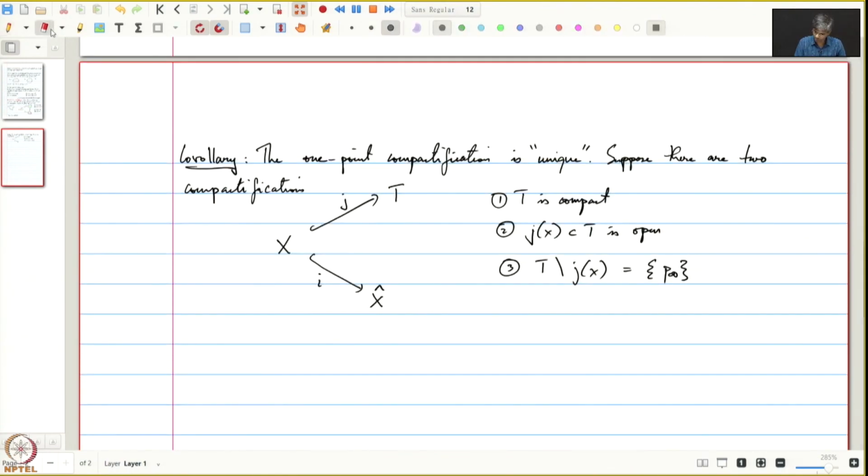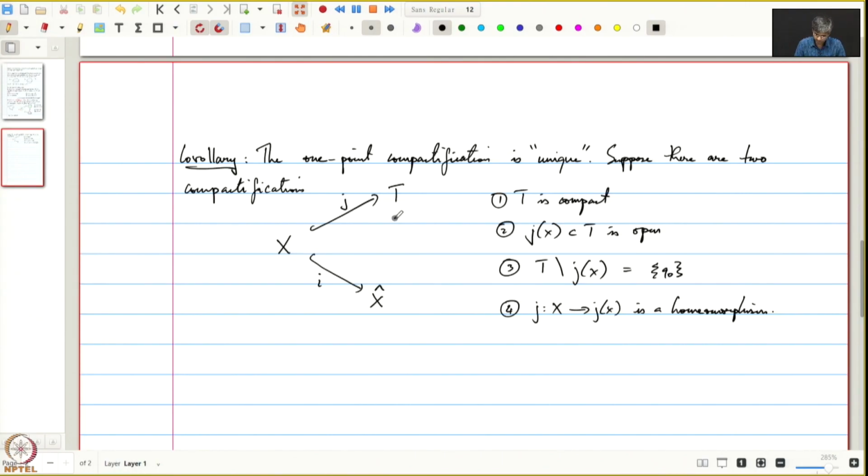Let's call it Q naught. And four, J from X to J of X is a homeomorphism. So in this case, T is another compact topological space obtained by adding one point, and X is embedded inside T as an open subset.